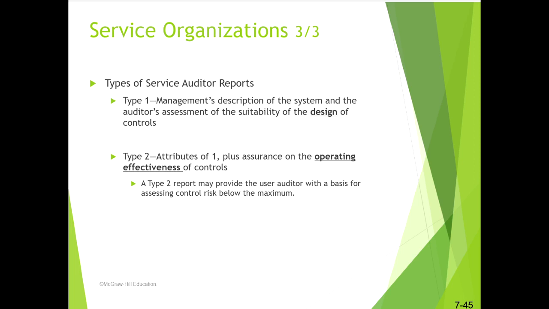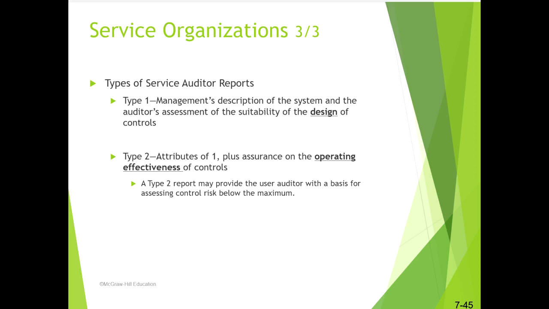Right? So how do they make sure that client 1's data never gets intermingled with client 2's data? How do they make sure that they don't lose any of the client's data? How do they make sure that there's accuracy in the process? Right? All these things.